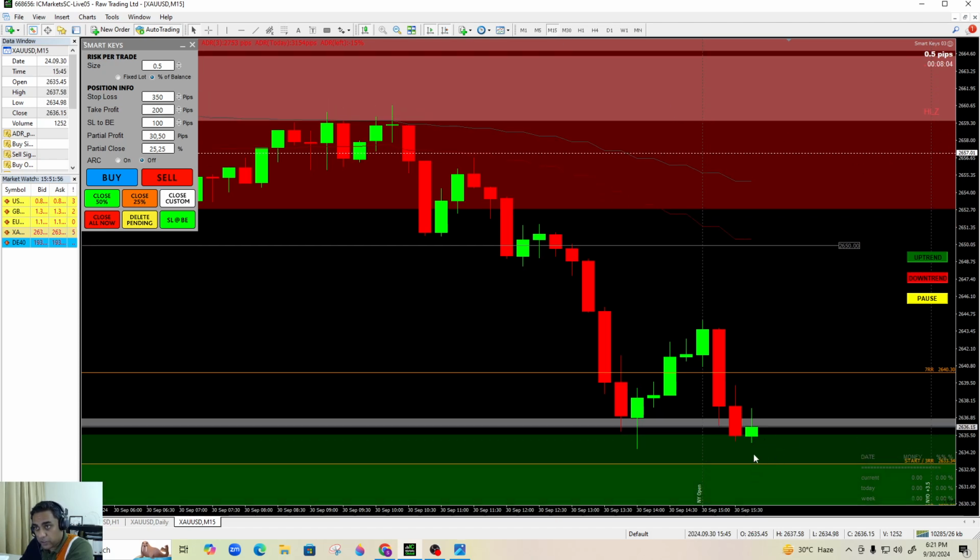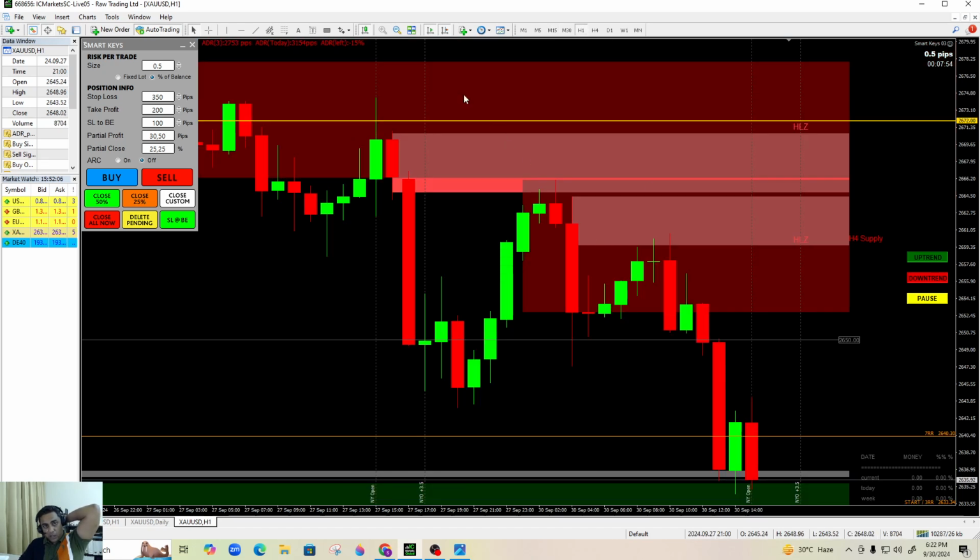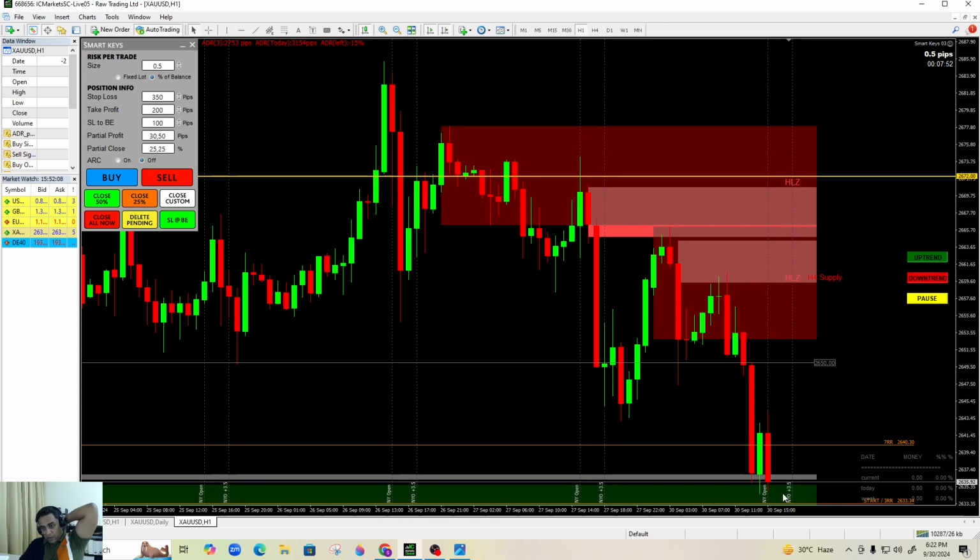So we've got to wait for this M15 candle to close. The close of this M15 candle will also be the close of the 1 hour and the 30-minute. So let's see how this 1 hour closes.